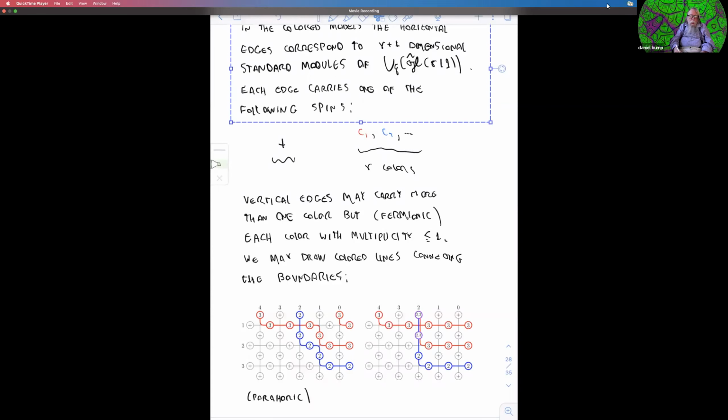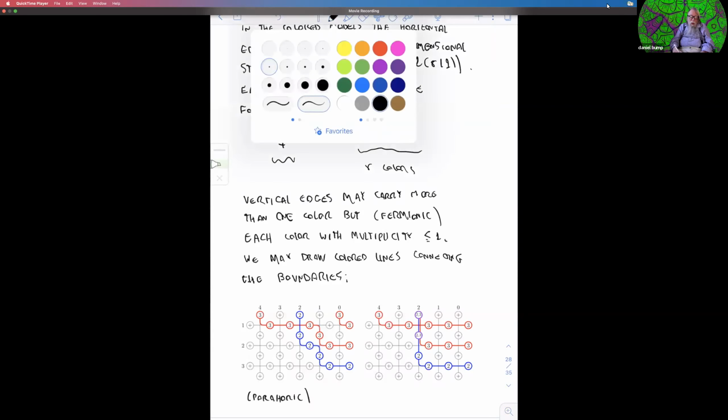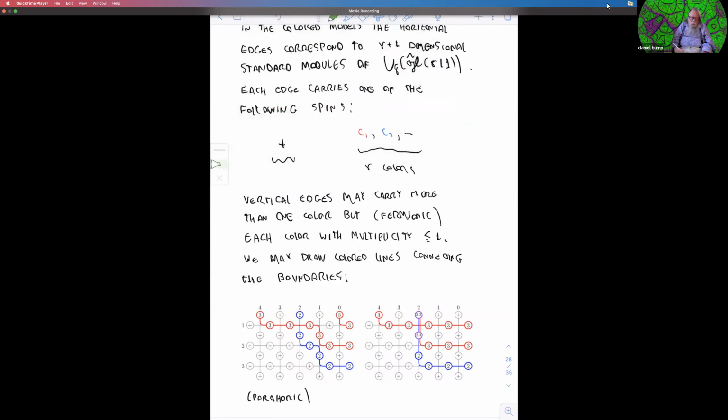So what I really want is this to be green, and this one can be green. Three distinct colors.